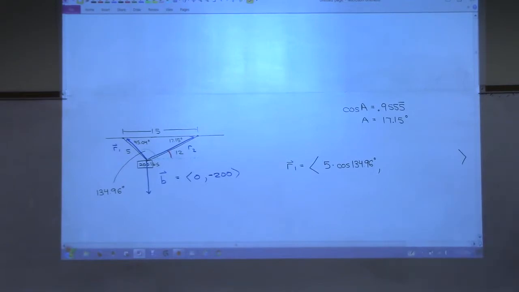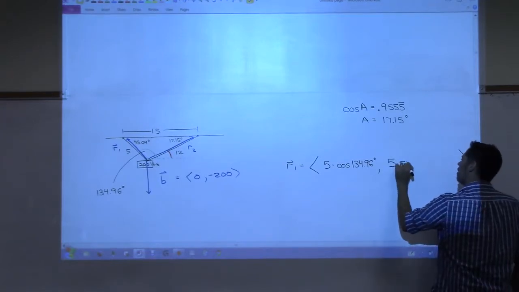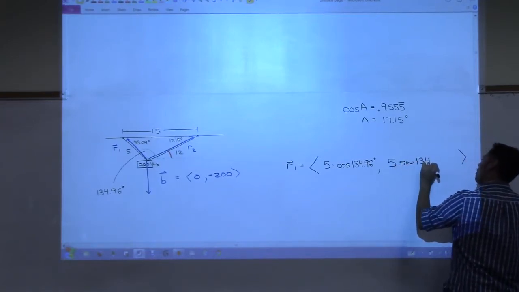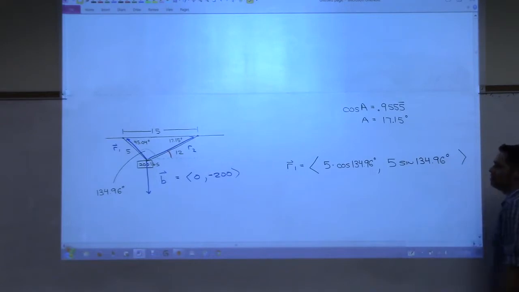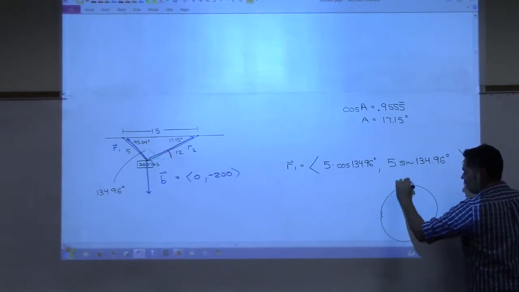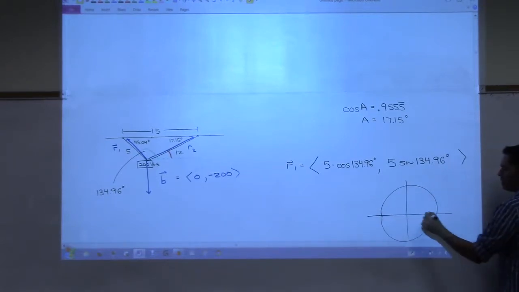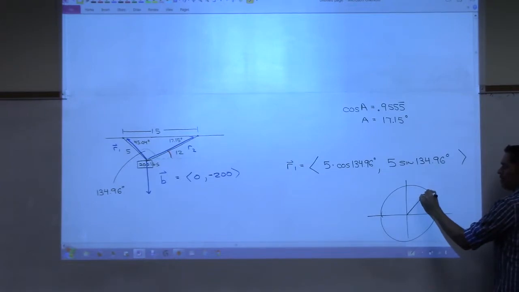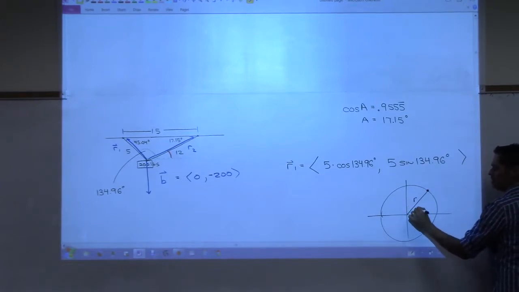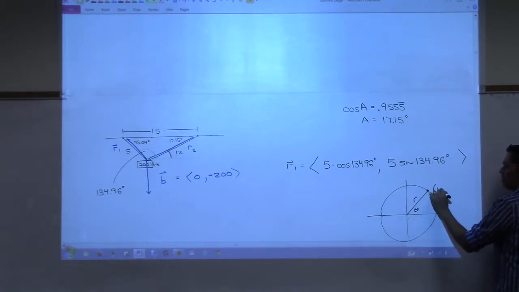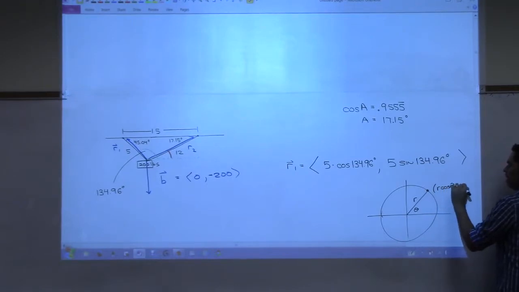And then what will its y component be? Its length, 5, right, times sine of 134.96 degrees. Now remember, this is just coming from the idea that we learned a long time ago when we were learning about trig functions, that if you have a point, this is r and this is theta, then the x-coordinate is r cosine theta and the y-coordinate is r sine theta.